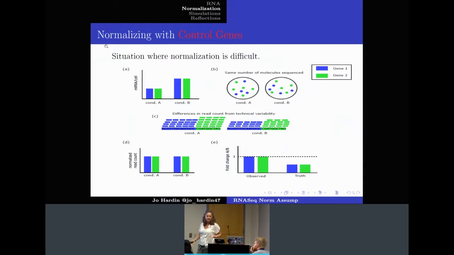We can't distinguish the technical variability from the biological variability that's happening here. And so we're going to observe a fold change of 1, when indeed we want to be seeing a fold change of 1/2.